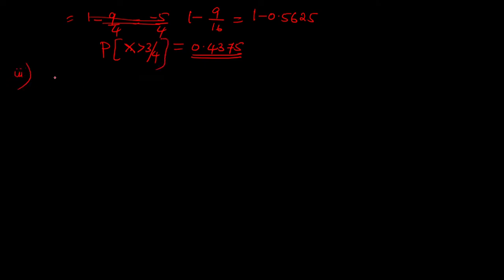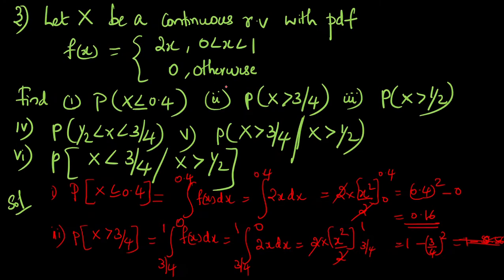Next, we have to find P of x greater than 1 by 2. So, take the limits as x greater than 1 by 2. Therefore, integral 1 by 2 to 1, as 1 is the maximum limit, f of x dx. For all values of x less than 1, the function is 2x.